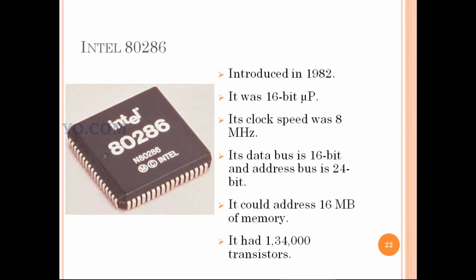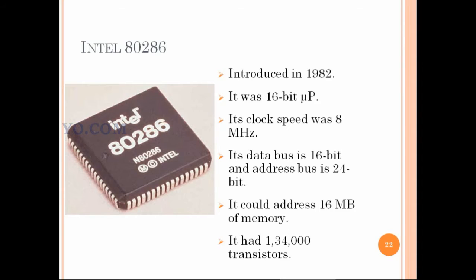And the second one is 80286. 80286 is an improved version of 186. It was released in 1982. It is also a 16-bit microprocessor. The speed of the microprocessor is 8 MHz. The data bus is 16-bit and the address bus is 24-bit.